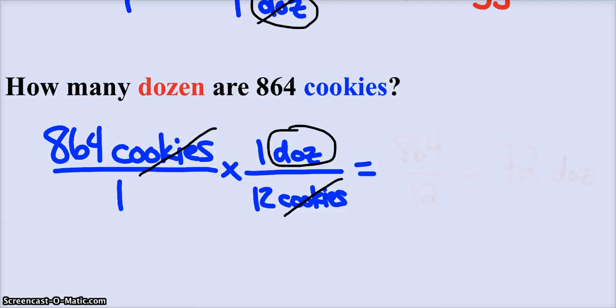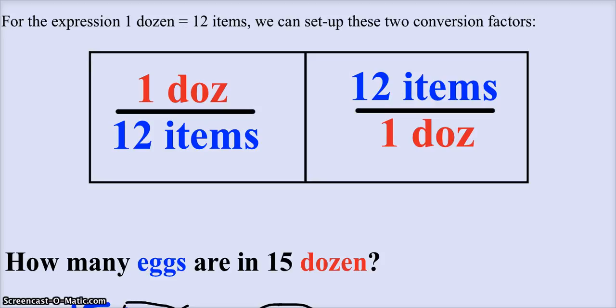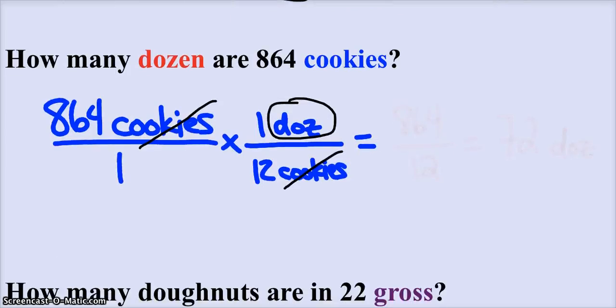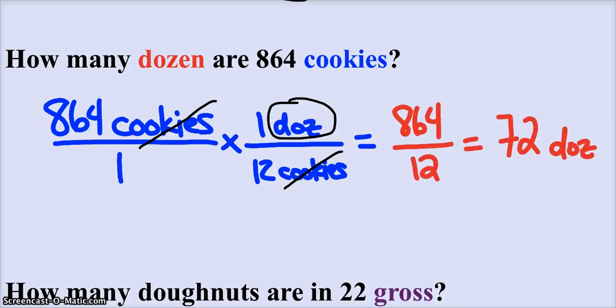And again, I can only do that if I know that link, which now is the conversion factor 1 dozen over 12 items. So mathematically, 864 times 1 on the top, 1 times 12 on the bottom, and then I divide. 864 divided by 12, that's 72 dozen.